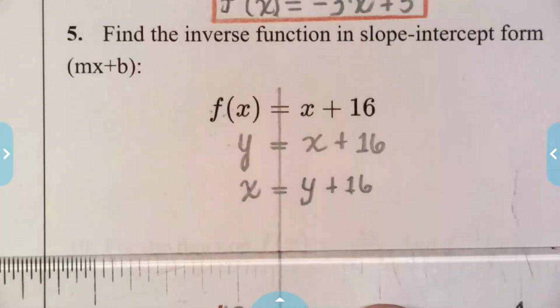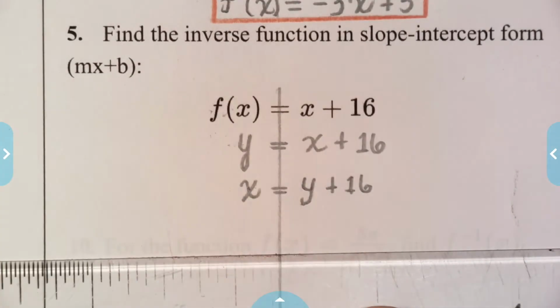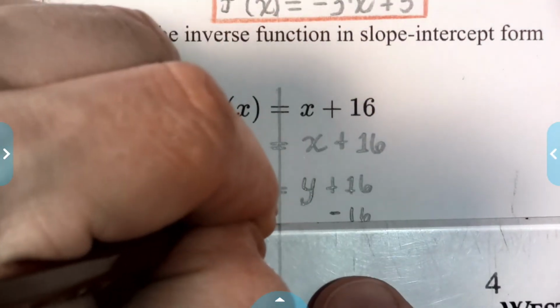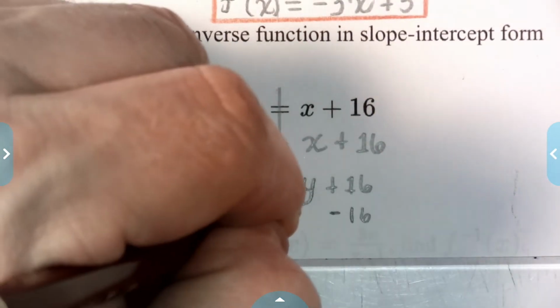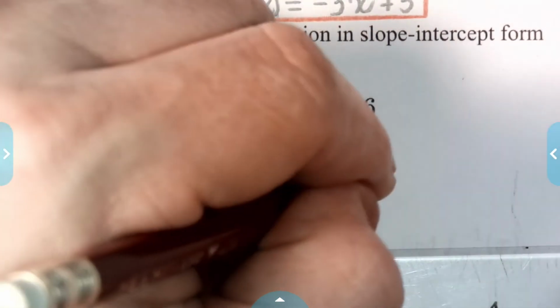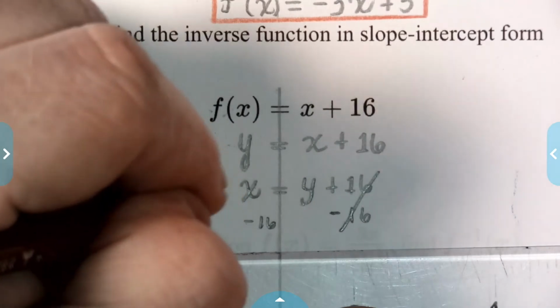And this time I'm going to break my own rule, because there's a one-step solution here if I solve for y on the right. Just subtract 16 from both sides. And then we can use a property of math called the reflection property of equality that will allow me to write it however I want.